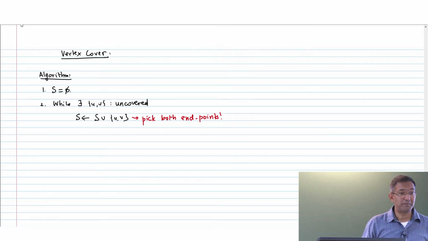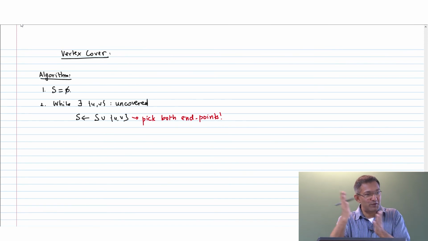It seems strange, right? You just want to pick one of the endpoints to ensure that the edge is covered, but the algorithm is saying, look, pick both endpoints.